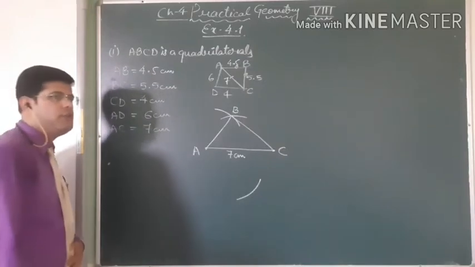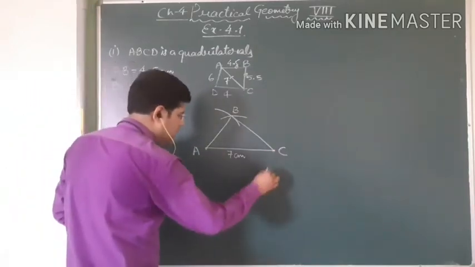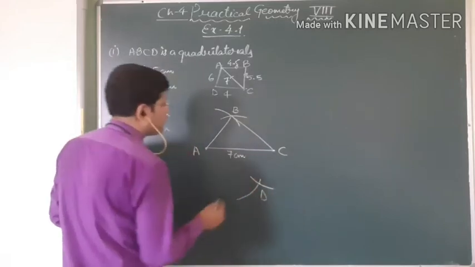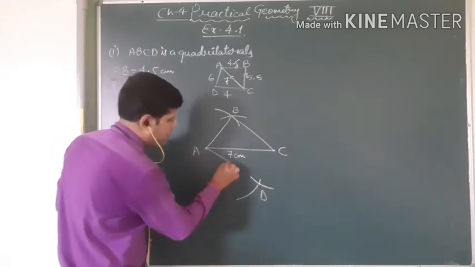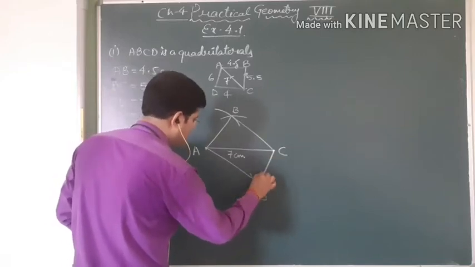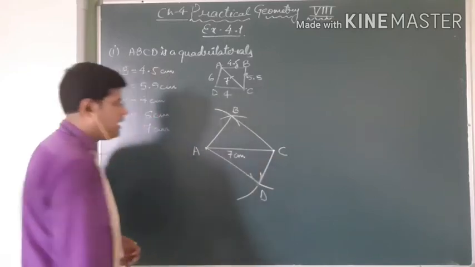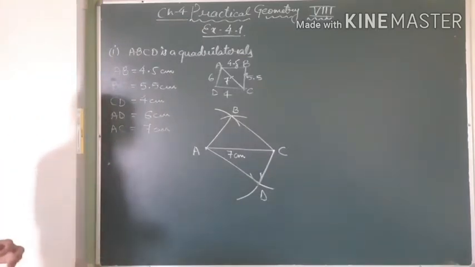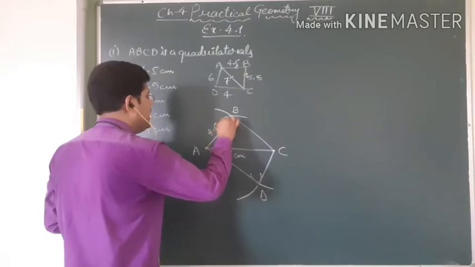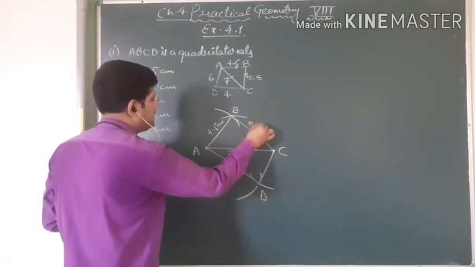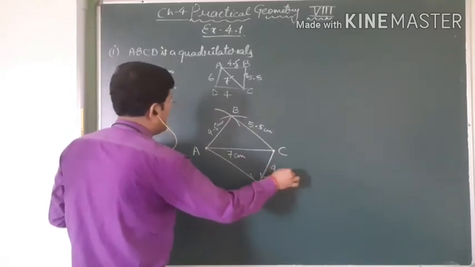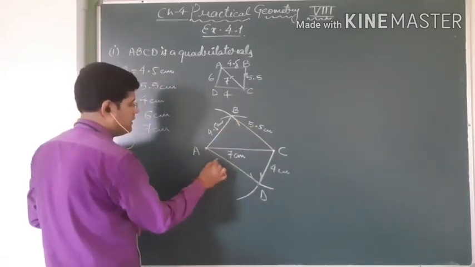Through point C we have to make that arc, and that intersects at point D. Okay students, now join the points AD and CD. Hence we have formed what? Our quadrilateral ABCD. Now write all the things which are given, that is 4.5 cm and this one is 5.5 cm. Now CD is 4 cm and AD is 6 cm.